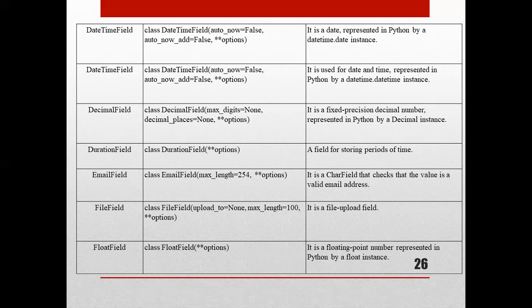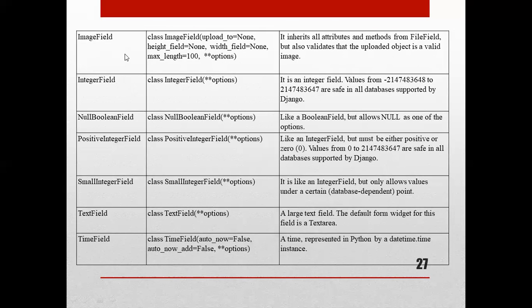Then the DecimalField, DurationField, EmailField, FileField for uploading a file, and FloatField for floating point number representation in Python. Then ImageField. It inherits all attributes and methods from FileField, but also validates that the uploaded object is a valid image.